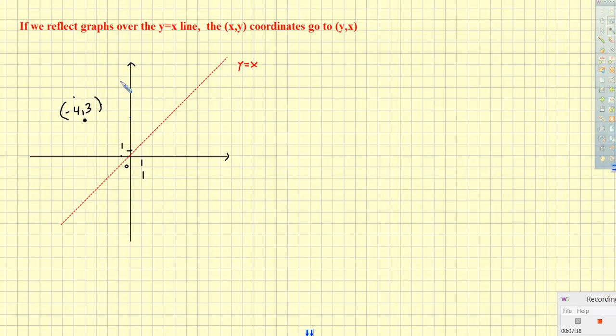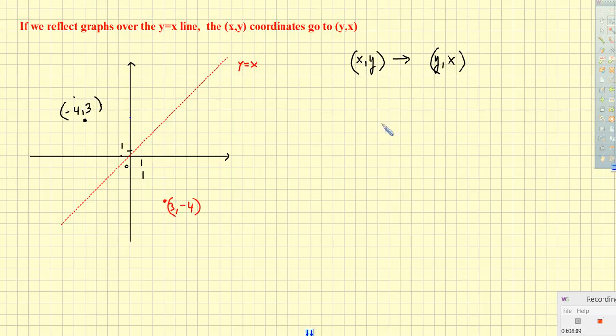If I take the point negative 4, 3, what is basically happening when I reflect it over the y equals x line is that my x, y values are going to swap their positions and become y, x. So essentially what that means is that my point negative 4, 3 is going to go to 3 and negative 4.